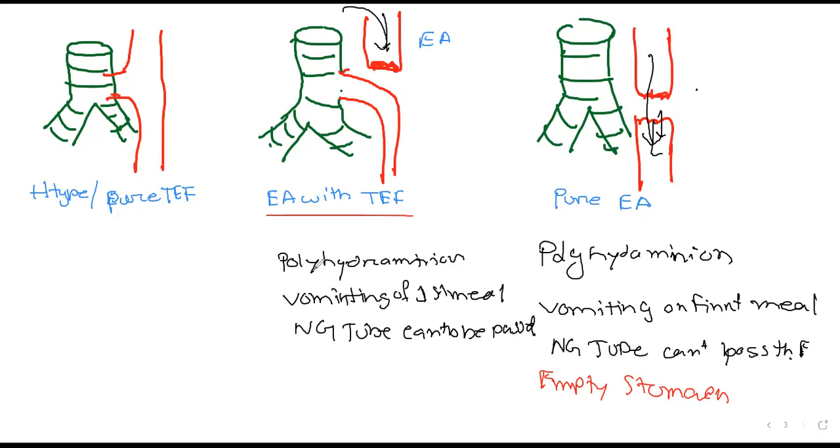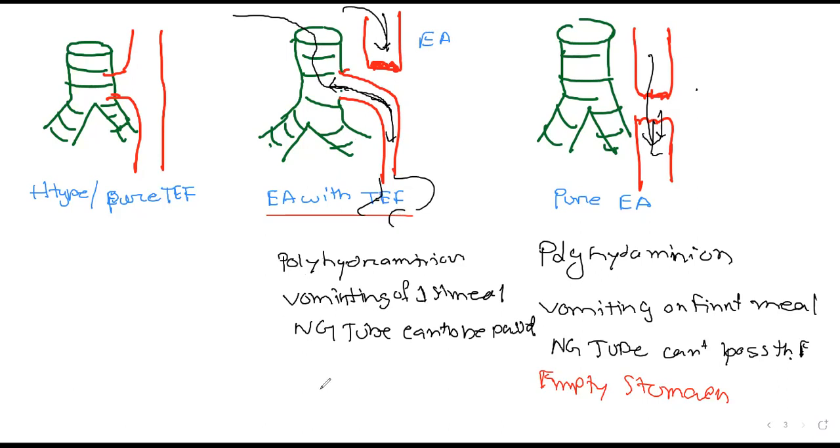But there is something different. Here, the lower part of their esophagus is attached to the trachea. So there is a channel between the trachea and esophagus. So if the baby inhales, the air can go to this portion of esophagus, and ultimately this air can go to its stomach.